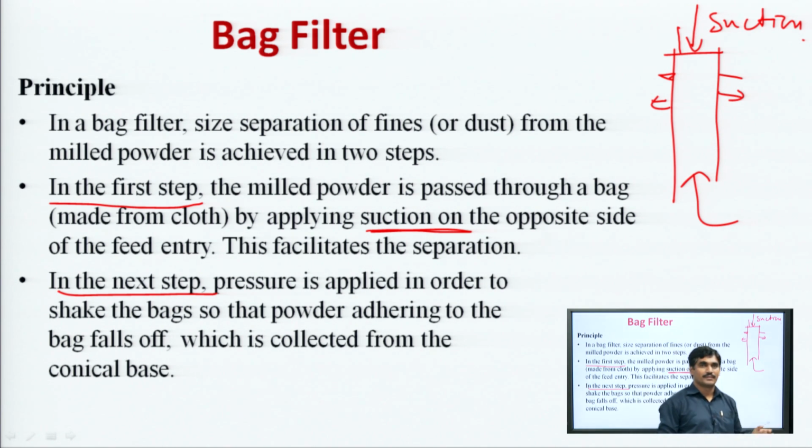After applying pressure, the bags are shaken, and due to shaking of these bags, the powders which adhere to the wall of the bags get separated and come down or fall off, which is collected from the conical base.